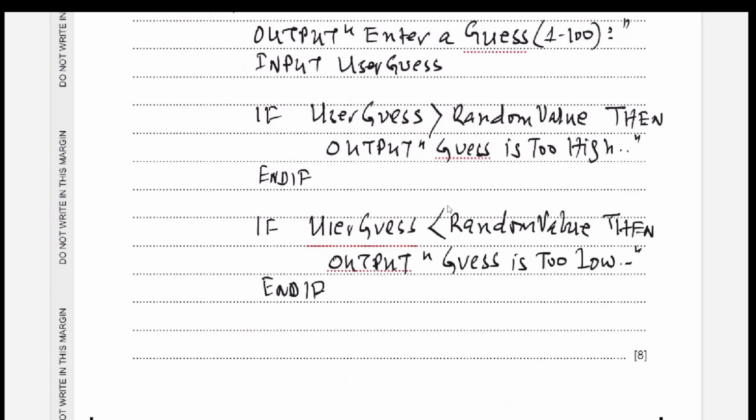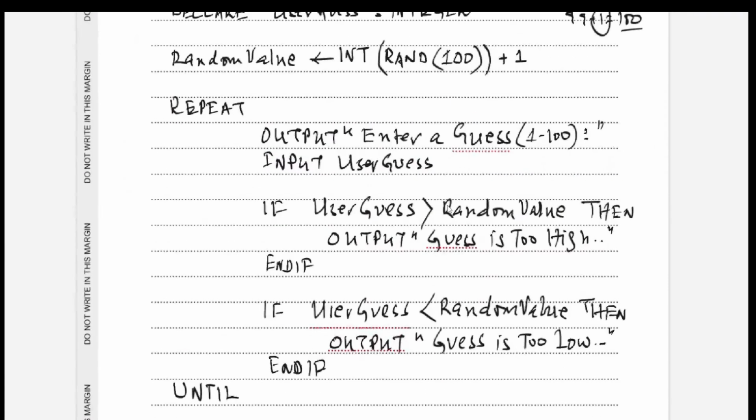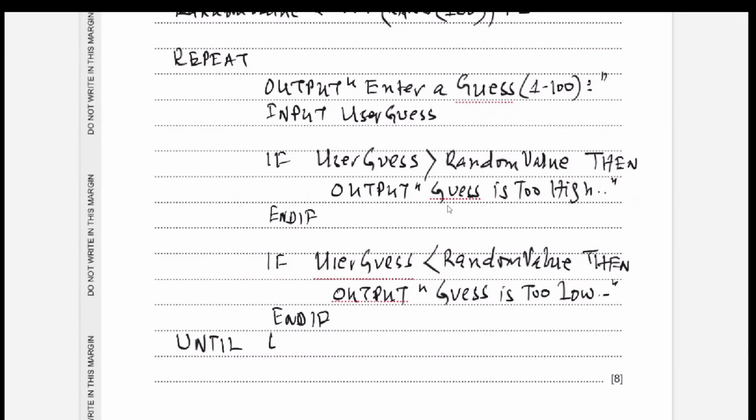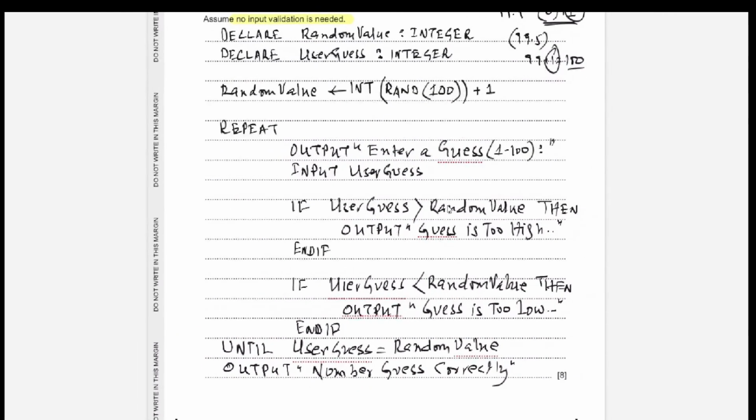And this loop will keep happening until the user guess is equal to the random value, and in the end we have to output, once it is done, number guessed correctly. This is the answer of this question.